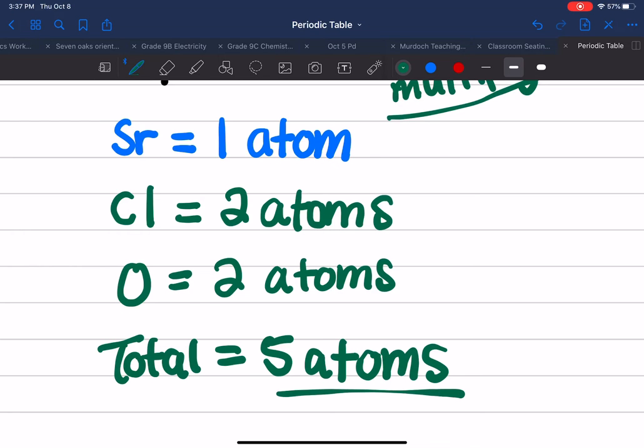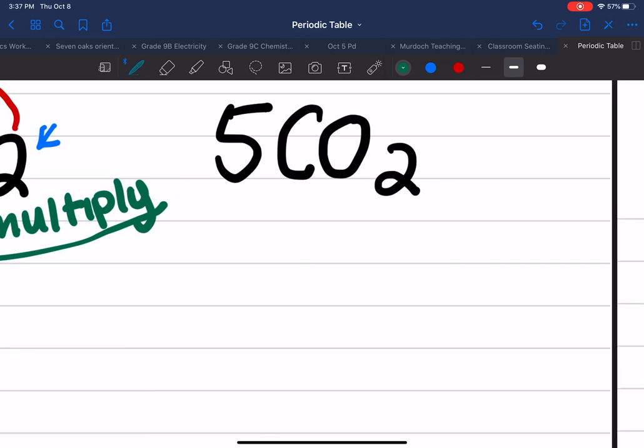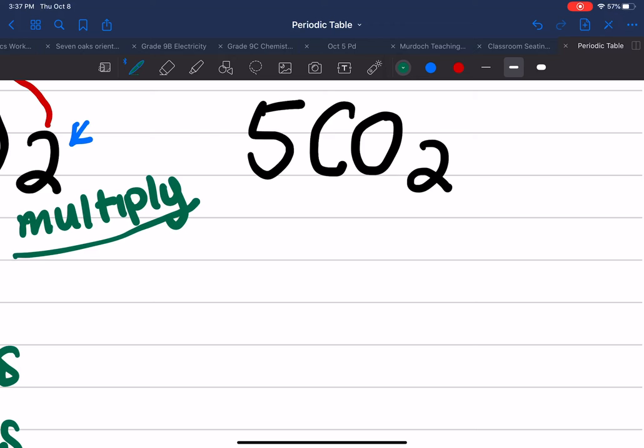Awesome. Let's move on to another example. Again, you can pause at any time to practice the example before I go over the answer so that you get definite practice, okay? So now let's look at this. What's going on? We got a 5 that's super big right beside the C. Well, in class, we mentioned that this super big number to the left of the element is called a coefficient.